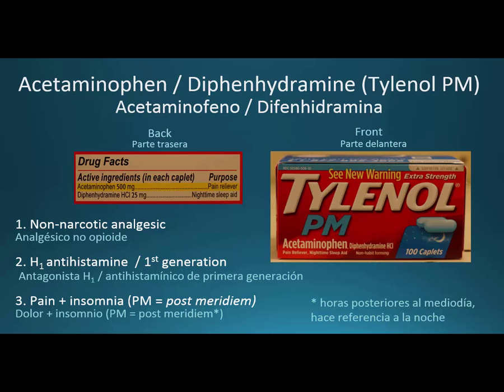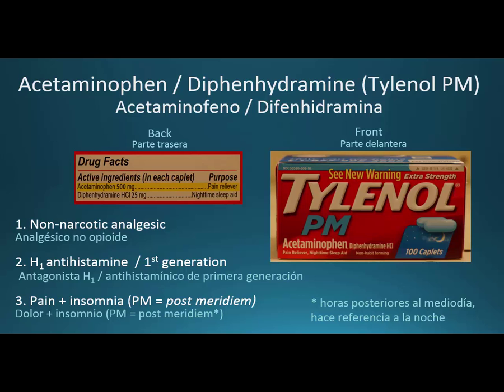Acetaminophen with diphenhydramine, Tylenol PM, acetaminofén and difenhidramina. It's a non-narcotic analgesic, so analgésico no opioide. We've talked about Tylenol before, and it's for the pain that sometimes maybe somebody's trying to go to sleep and they can't.